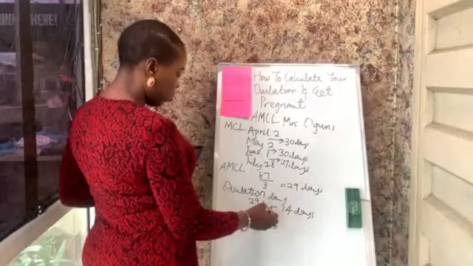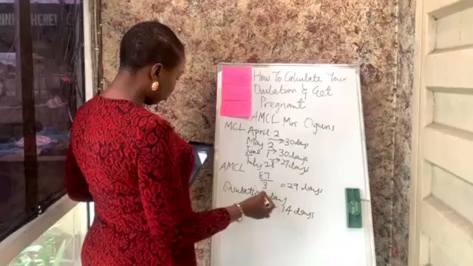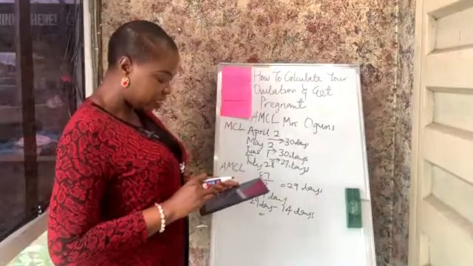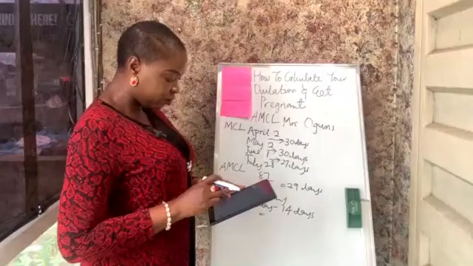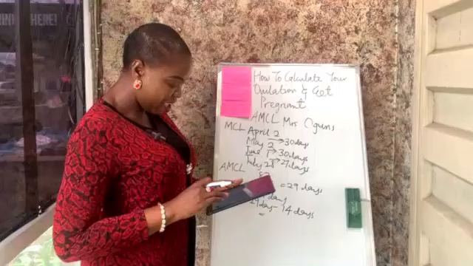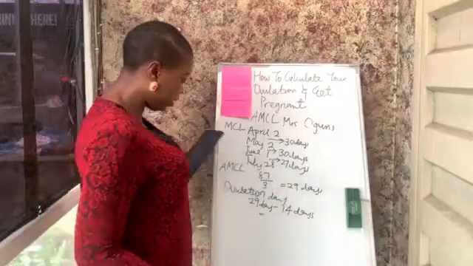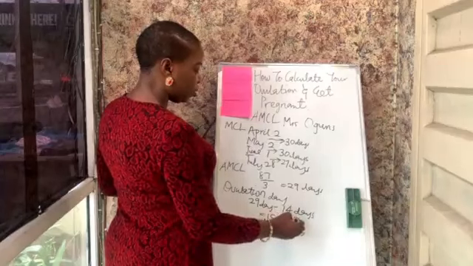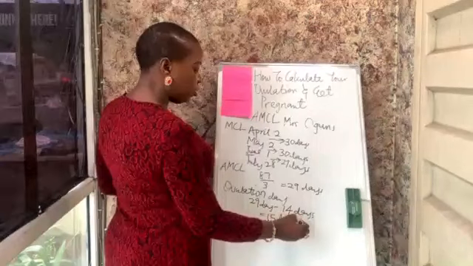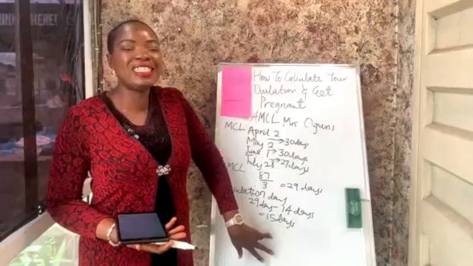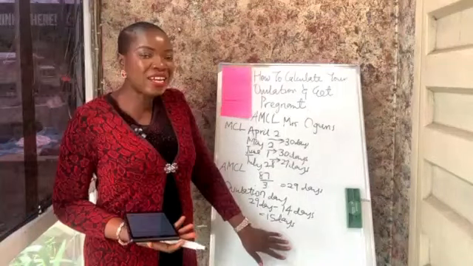Use your calculator so that you are very sure you don't miss it. Don't go and say, I did not calculate well. 29 minus 14 is 15. So Mrs. Oguns' ovulation day is 15 days into our next cycle.